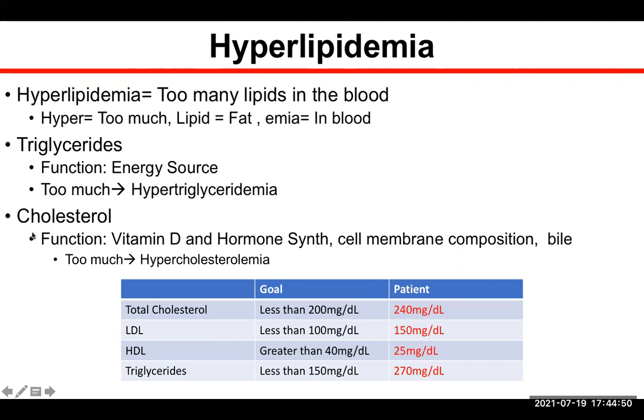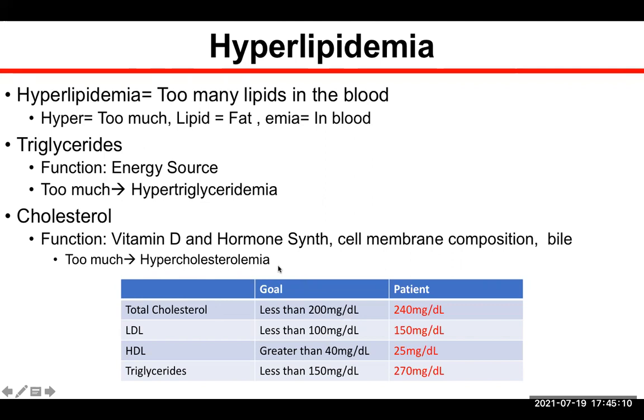And then you have cholesterol, which I didn't mention has a role in synthesizing vitamin D, but the ones I mentioned already play a role in hormone synthesis and is the main composition of your cell membrane. And so too much cholesterol in your blood is going to be hypercholesterolemia.